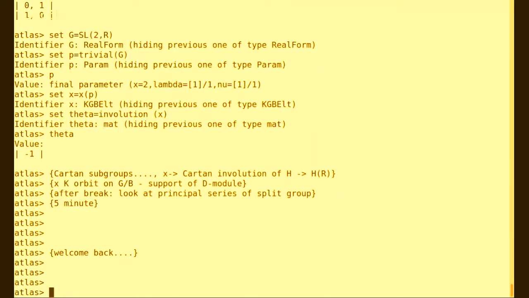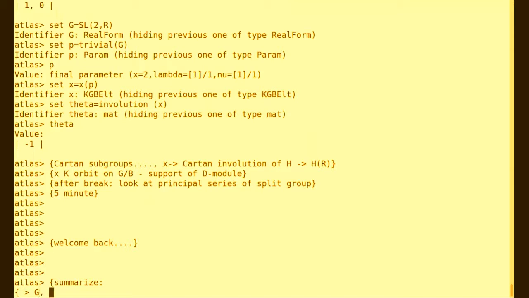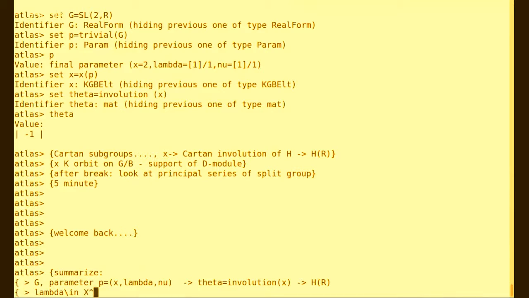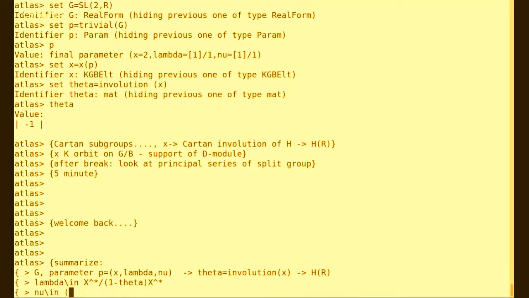All right. So let me just summarize what I just said. If you have a group G and a parameter P given by X, lambda, and nu, associated to that is the involution of X, and that defines a real form of a real Cartan subgroup H. Lambda is an element of X upper star modulo 1 minus theta X upper star, and nu is in X upper star tensored with Q, the minus theta eigenspace, or the two equivalents can be taken to be in there.